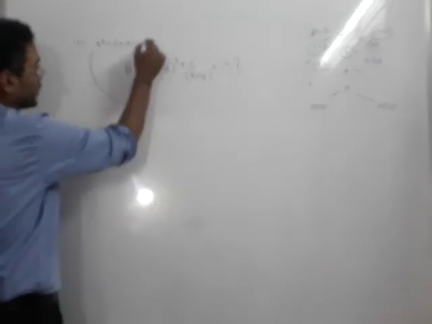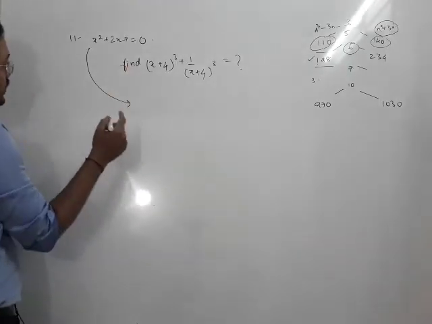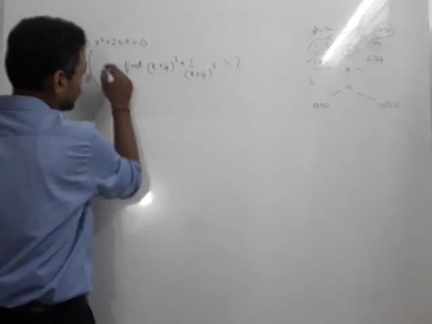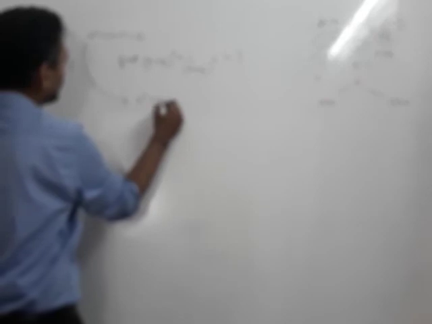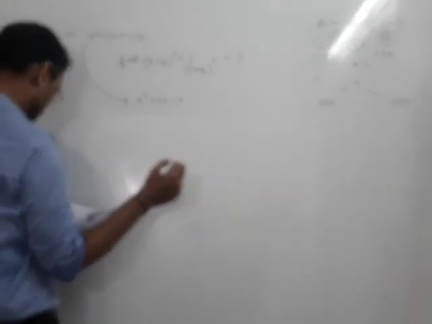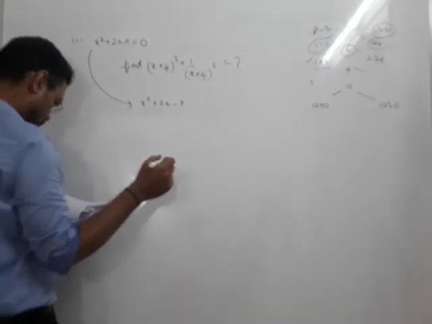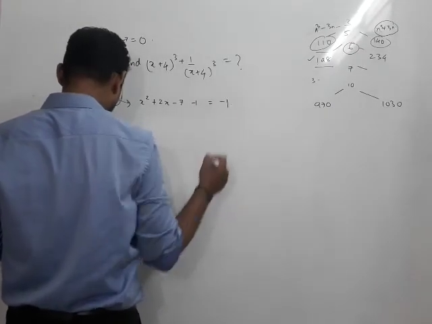You have to ensure that on the right hand side it is 1. Only then you will be able to find certain factors of this, which is x square plus 2x minus 7, and we will make it as minus 1 on both sides.